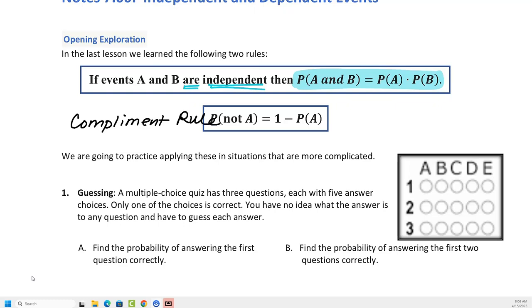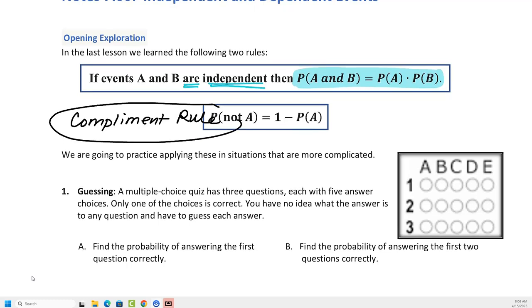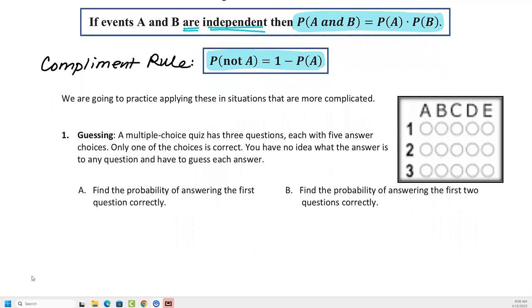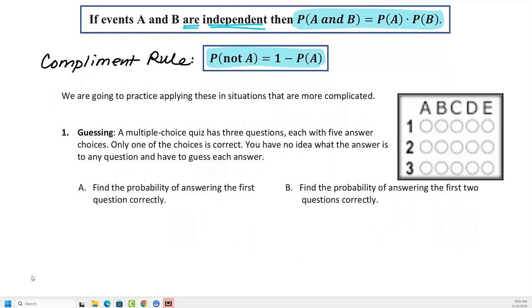The complement rule basically states that the probability of not A occurring is equivalent to 1 minus the probability of A occurring. That's really important as we walk through this lesson, so keep those in mind.